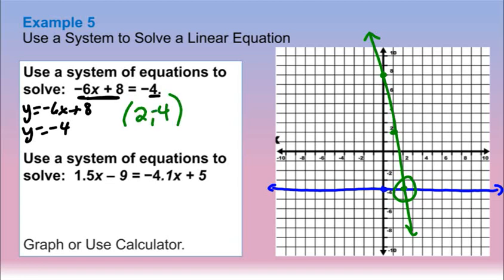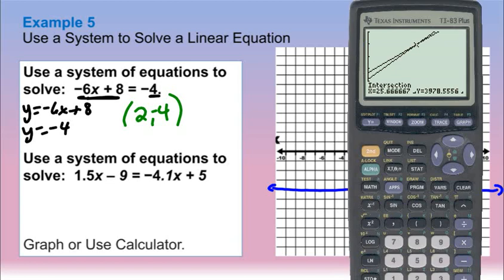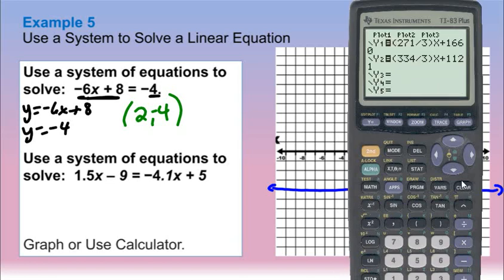Now this other one, we'll use our calculator because that'll be a lot easier, especially with the decimals involved. I'll go to my y equals, clear everything. On the left-hand side, I have 1.5x minus 9. And the other one would be negative 4.1x plus 5.